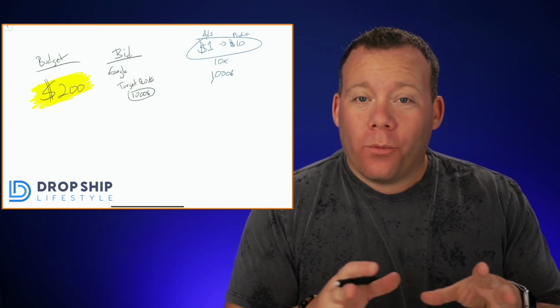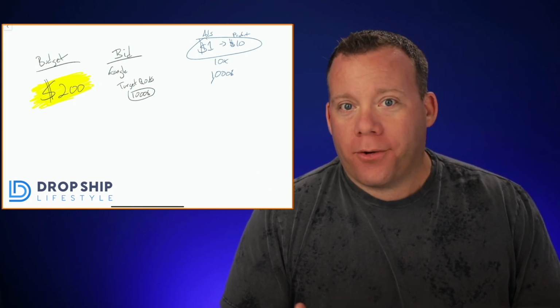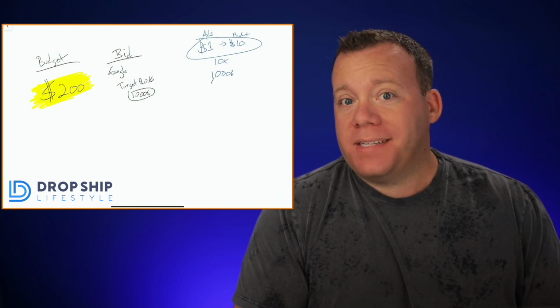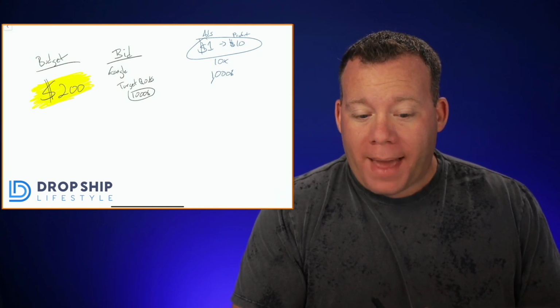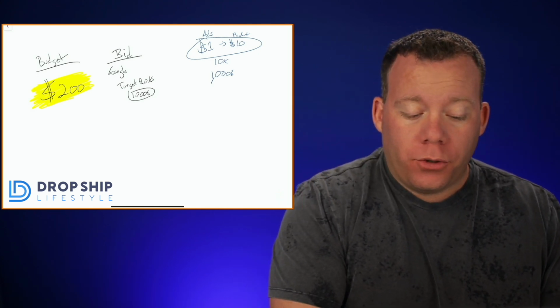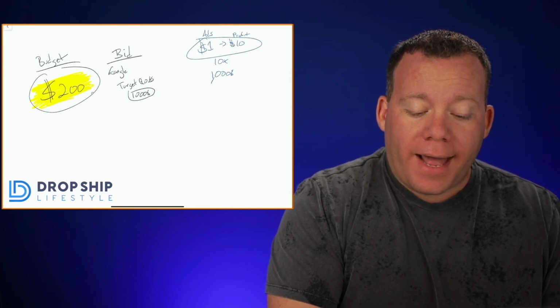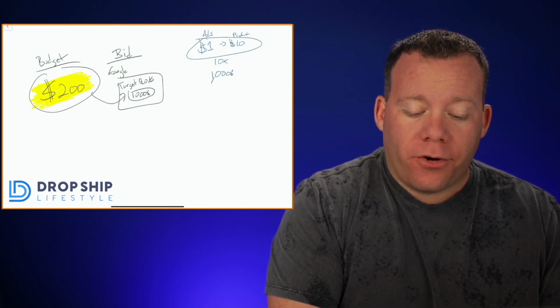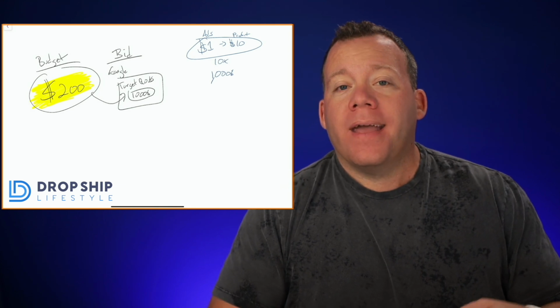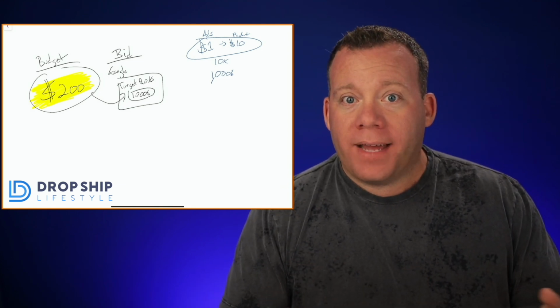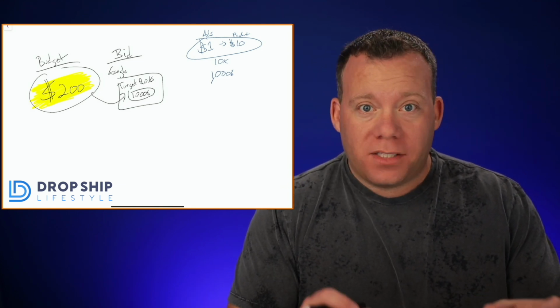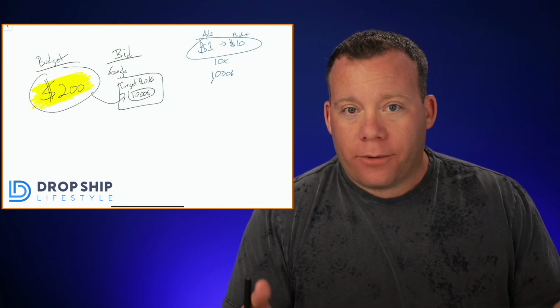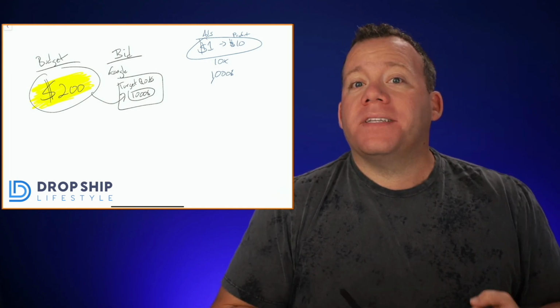Here's the thing though, when you're setting up these target return on ad spend campaigns, you still need to enter your daily budget, the maximum. So if you put your $200 normal daily budget and you use that for a target return on ad spend campaign, once it got to the $200 spend, even if you were still profitable and still getting your 1,000% return on ad spend or better, it's going to stop spending.